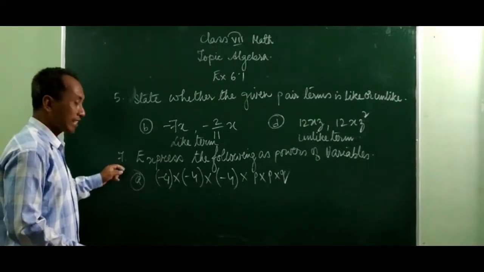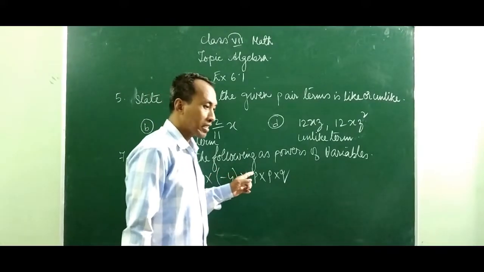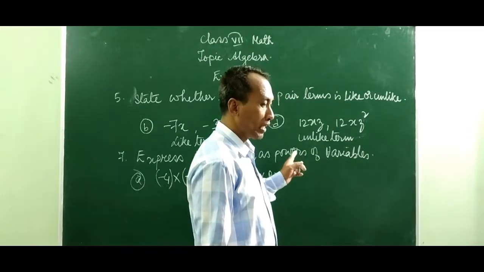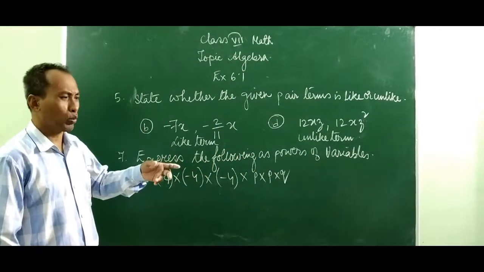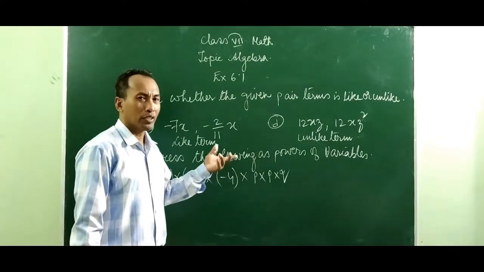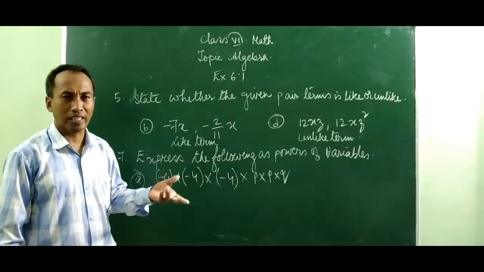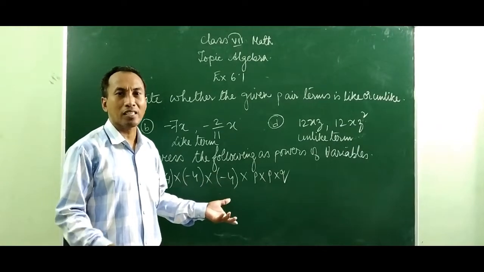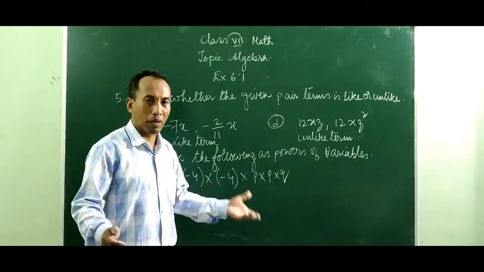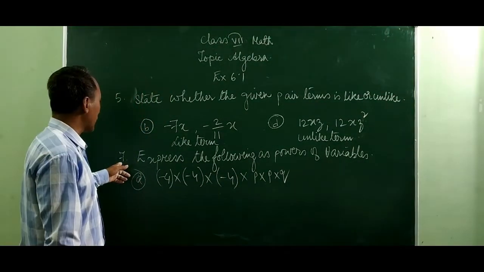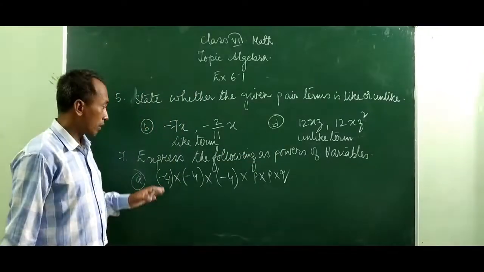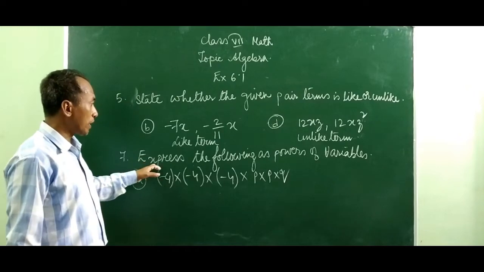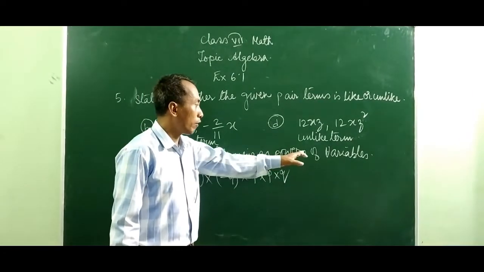Question number 6 is list the factors of each of the given expression. So 3xyz, you have to list the factors 3 into x into y into z. So this is very easy. Factors meaning is expressing in the form of multiplication. But here question number 7, express the following as the powers of variables. Read the question again. Express the following as the powers of variables.